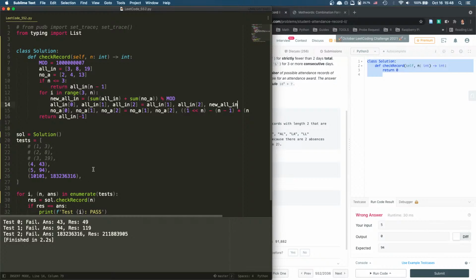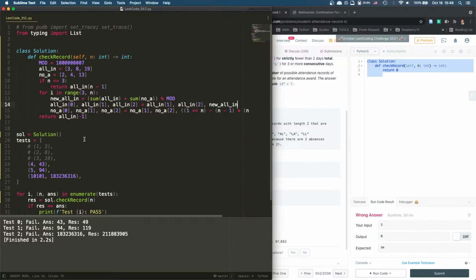Hold on. Why is it 49? Let's add it. So it should be 2 plus 3 plus 4 plus 8 plus 13 plus, no, plus 19.